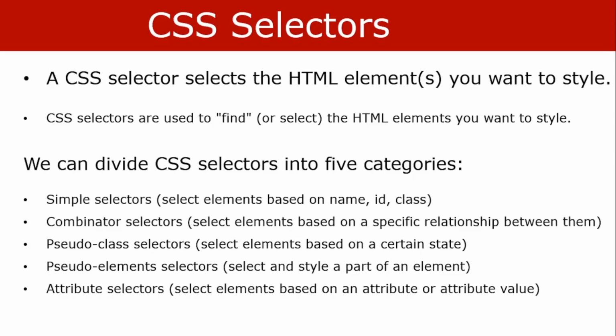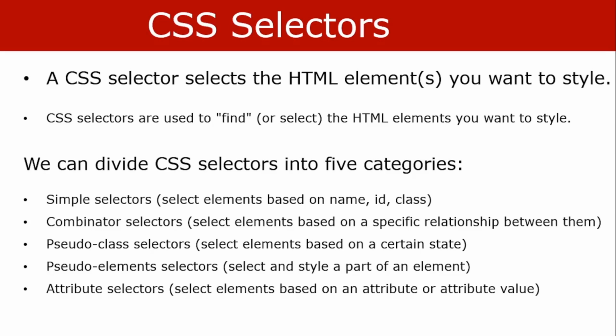Then we have combinator selectors. They select elements based on a specific relationship between them. Then we have pseudo-class selectors. They select elements based on a certain state, like hover or visited. We are going to look at those as we go on in the course. Then we have pseudo-element selectors.